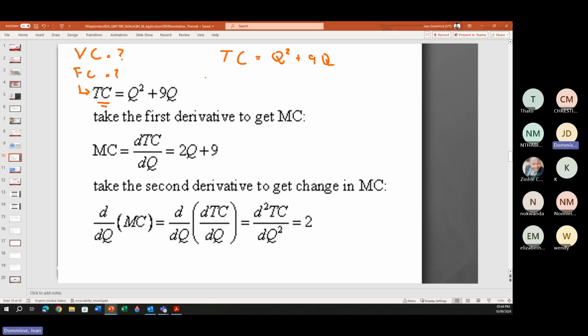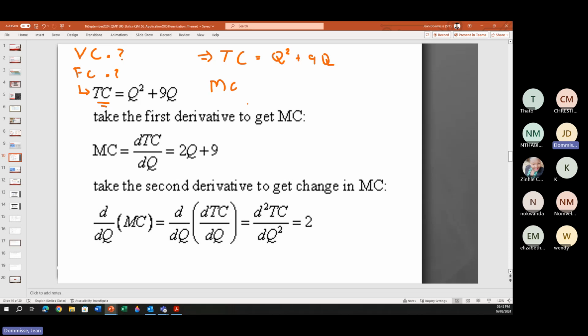The question that they will ask is, you've got a total cost, work out the marginal cost. Or they can say, work out the marginal cost per one unit of increase. So they can use those words.